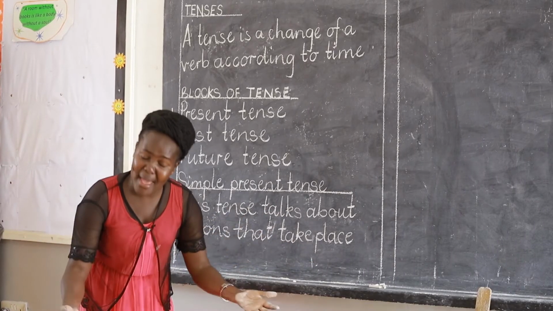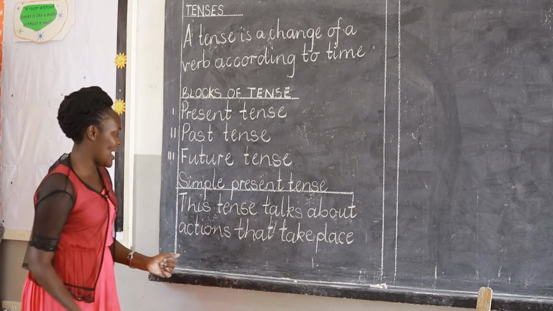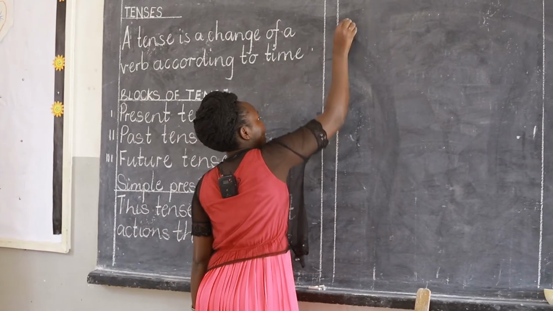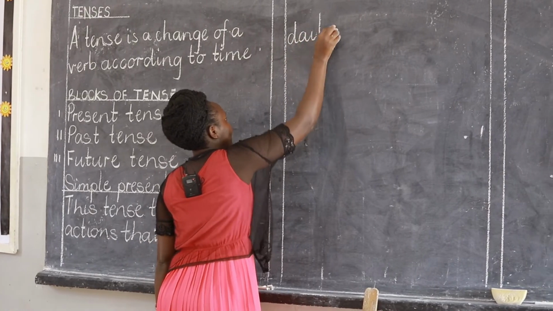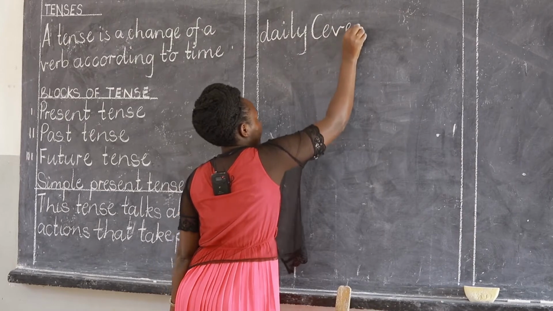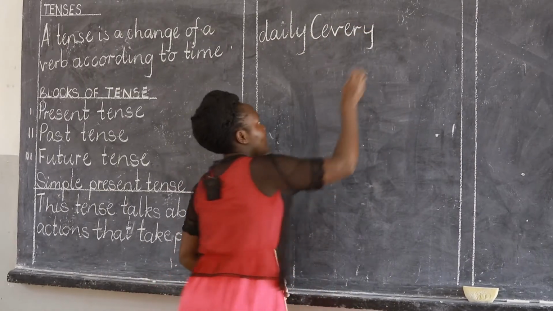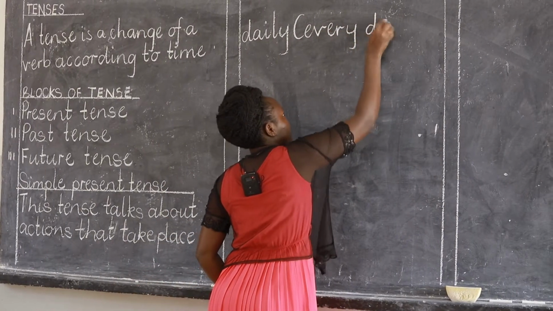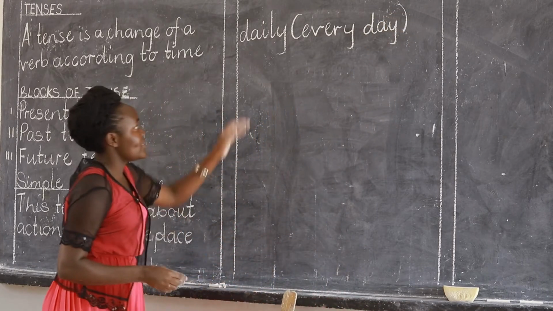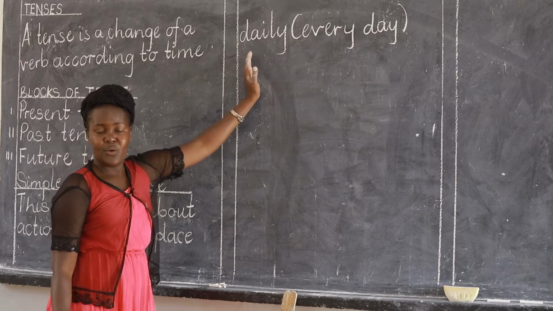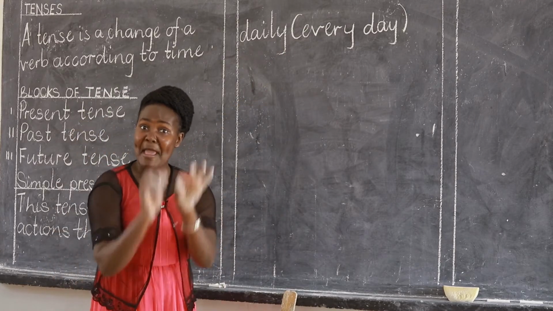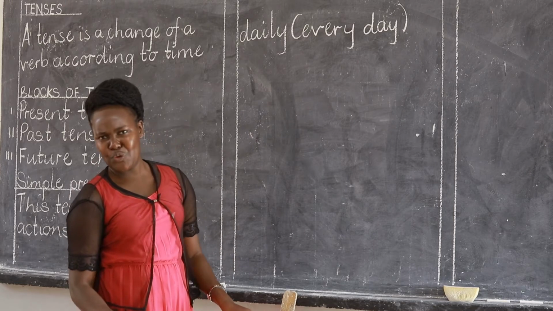Take place when? Because I'm referring to time. That take place daily. When I talk about daily, that is every day. So another word to mean every day is daily. When I say she eats daily, that means she eats every day. What do you do daily?